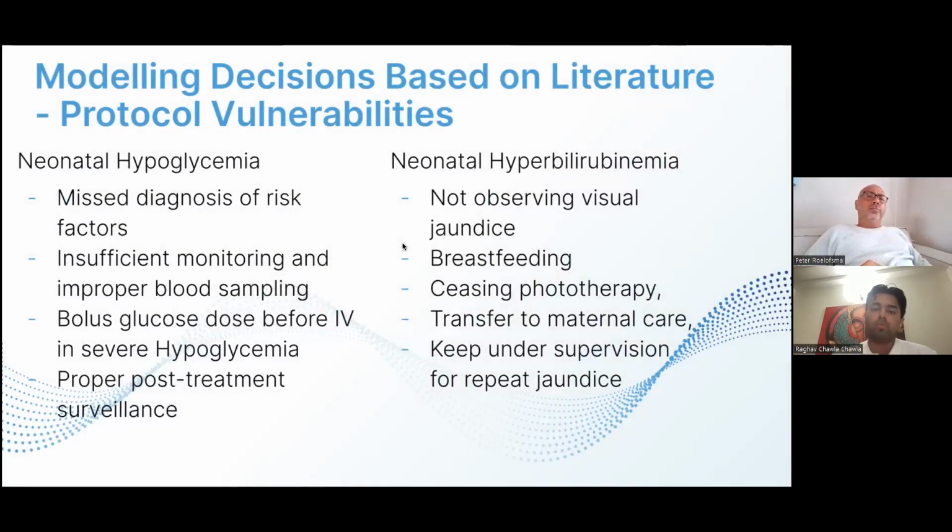We used some vulnerabilities in the protocols of both neonatal hypoglycemia and neonatal jaundice or hyperbilirubinemia. And we primarily use these vulnerabilities to model weaknesses in the mental states of the doctors.